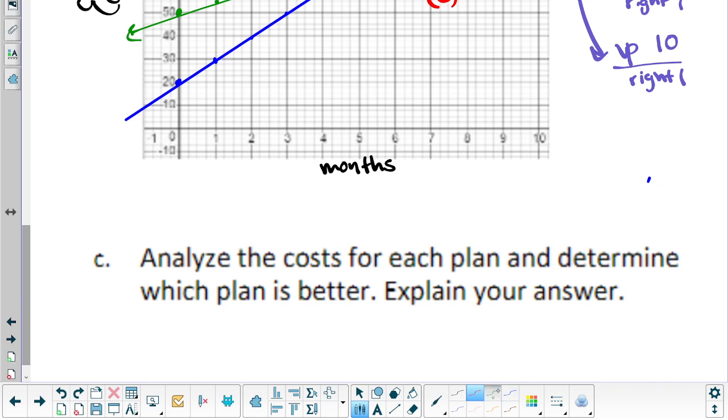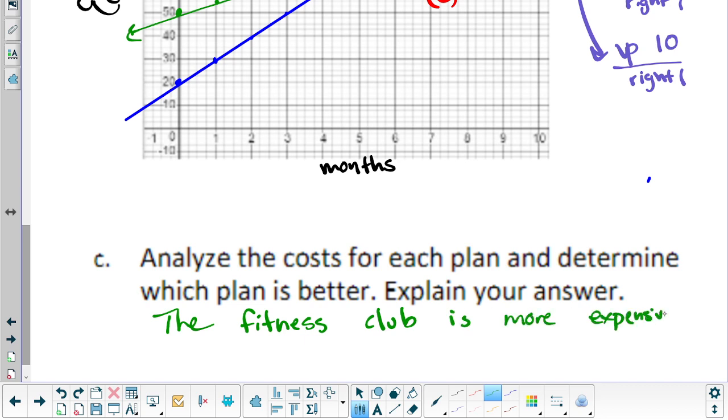I would say the fitness club is more expensive for the first 5 months. Okay.